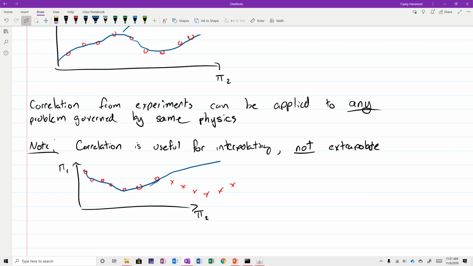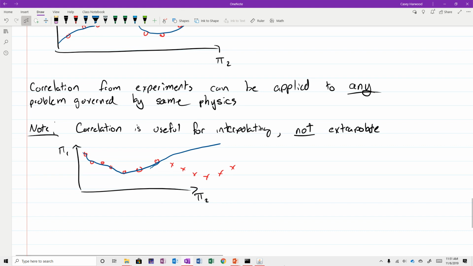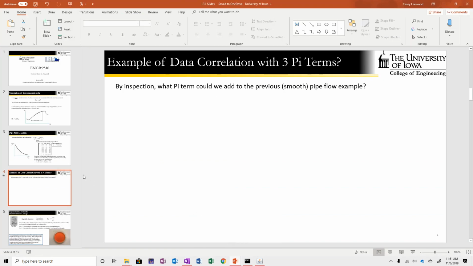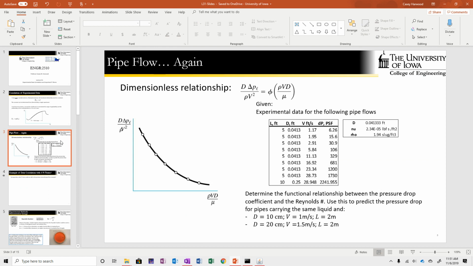So as an example on this one, we're going to quickly jump back into our pipe flow problem one more time.